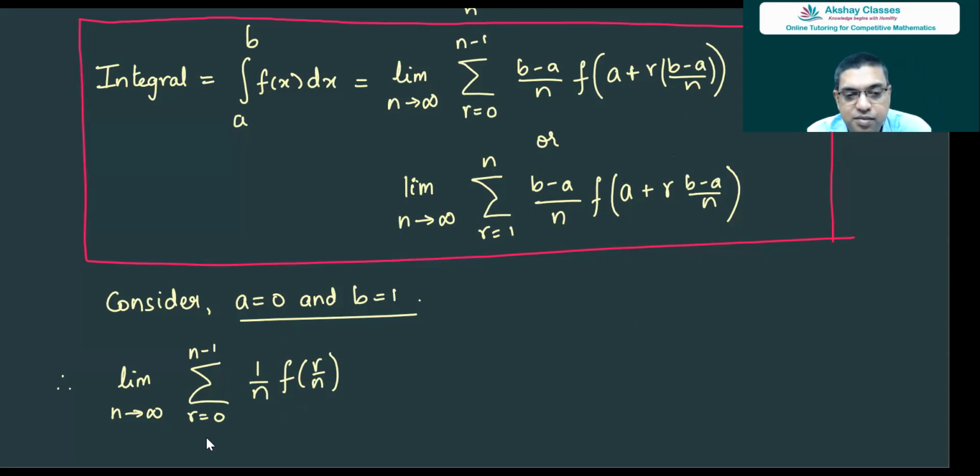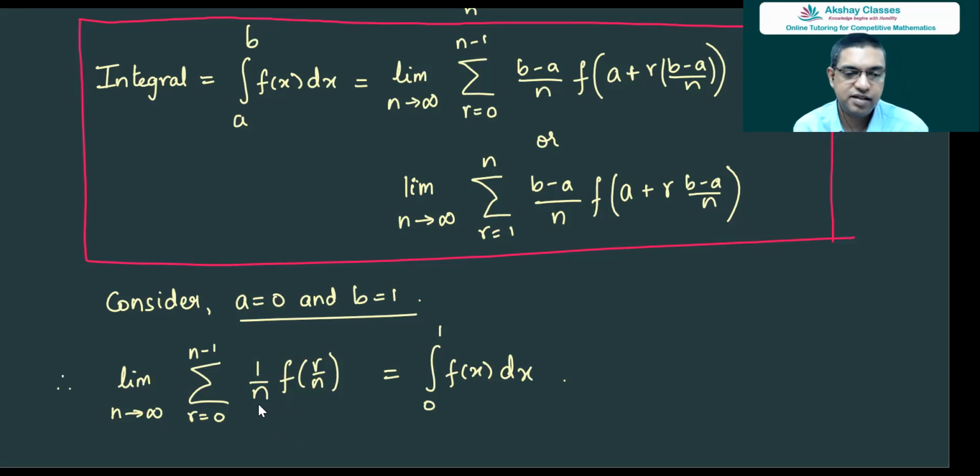This is very, very simple. If 1 by n f of r upon n. Now this is integral 0 to 1 f of x dx. Very simple. If we get an infinite series in this form, then it is same as integral 0 to 1 f of x dx.